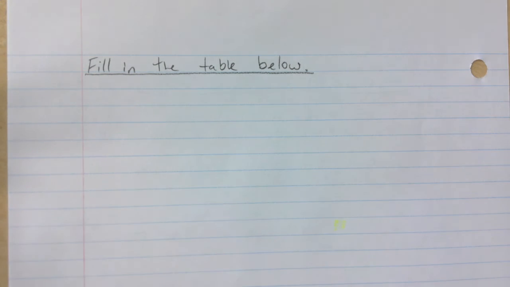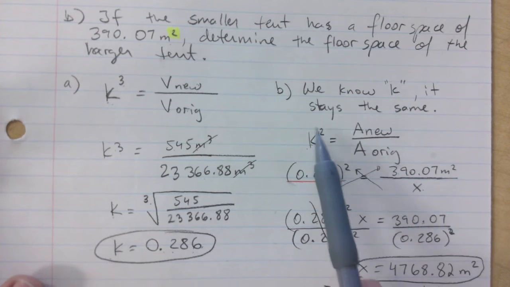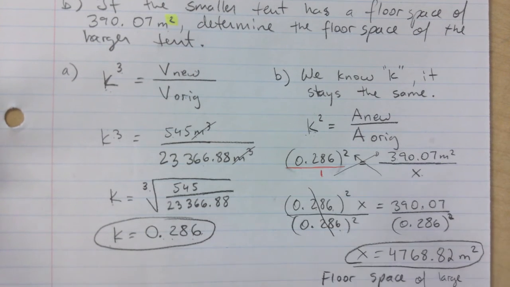Can I just mention maybe the beauty of how we're doing things here? You don't need to know the exact dimensions of that tent, right? We don't know the height. We don't know, is it round? We just know that these are similar, right? One has been made that is smaller.